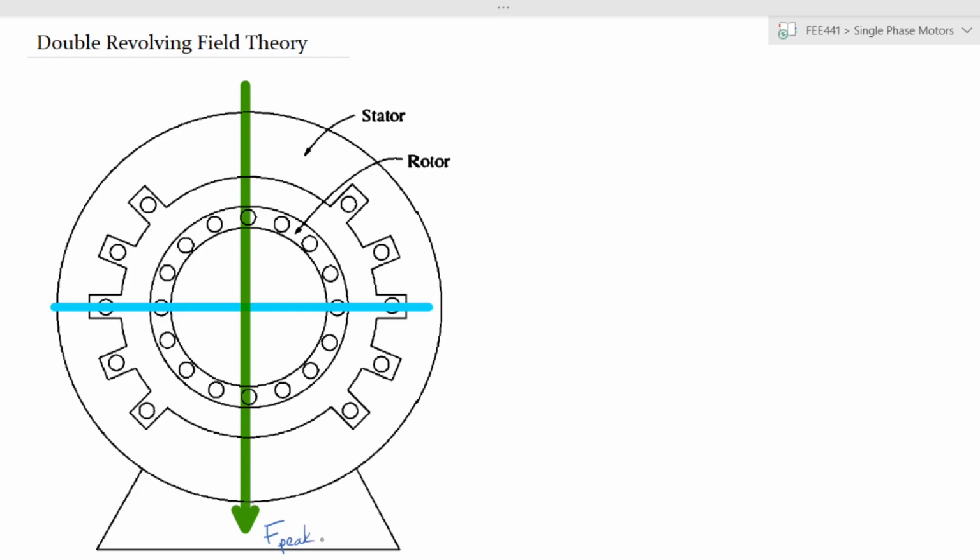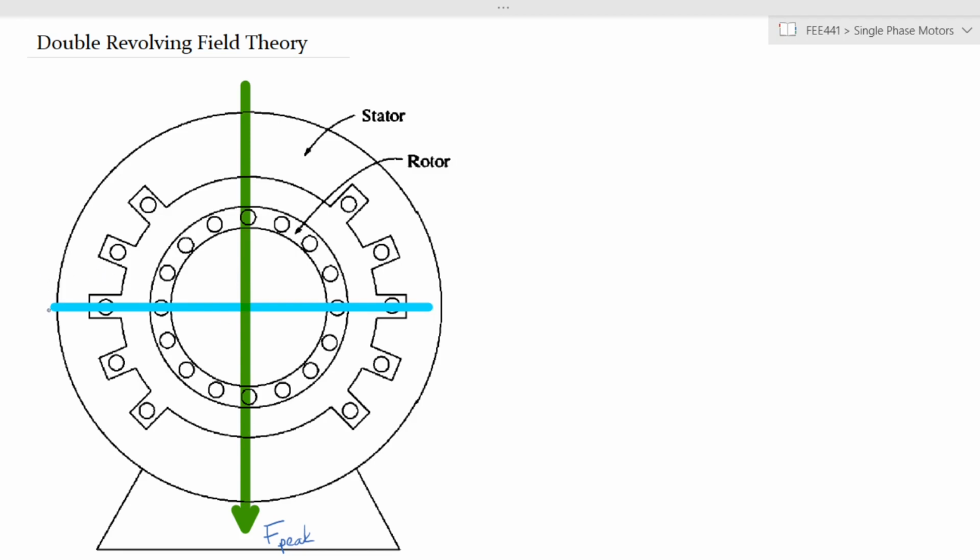And that is the resultant known as the peak, all right? Because that is the biggest value of the field itself. It appears to result in that direction.